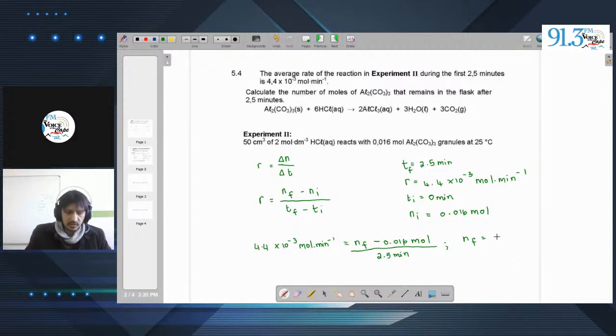We're going to get 0.011 mole, we move this over, and then we're going to get plus 0.016 mole. And our answer for what should be left over in the tube, NF, is 0.028 mole.